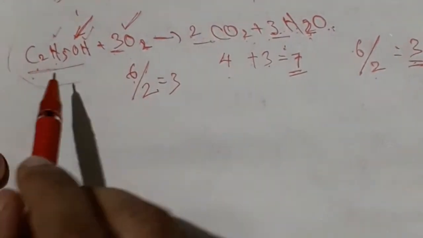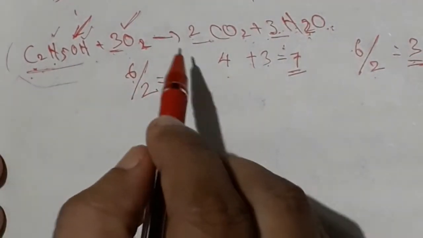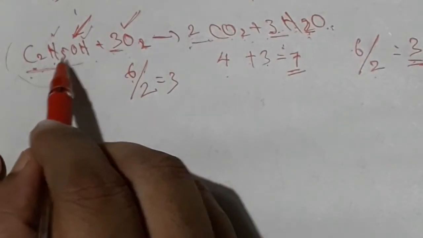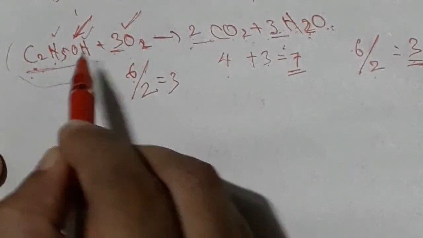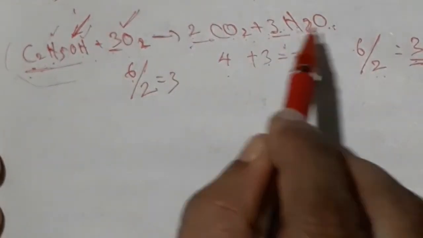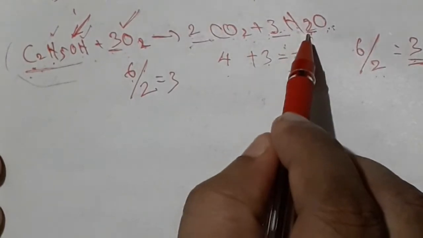I will tell you once again. C2H5OH, 2 carbon, so 2 carbon dioxide. Number of hydrogen 5 plus 1, 6. So 6 by 2, 3 H2O. Because of this 2 we divided.